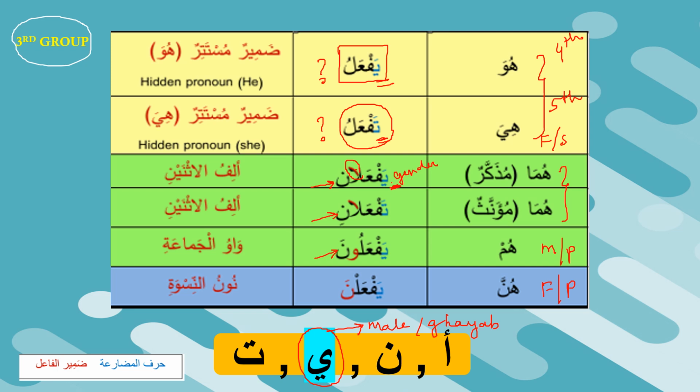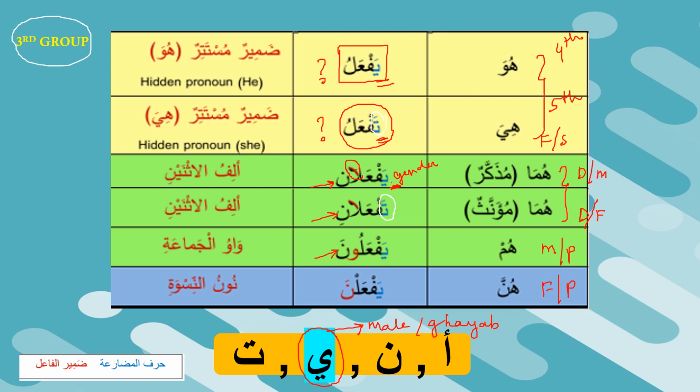Now for the huma muannath, dual feminine, and this is dual male. For muannath, what are the changes? Similarly, you can see the change. The ta has come back to tell you that this verb is being used for the feminine ghaib, right?